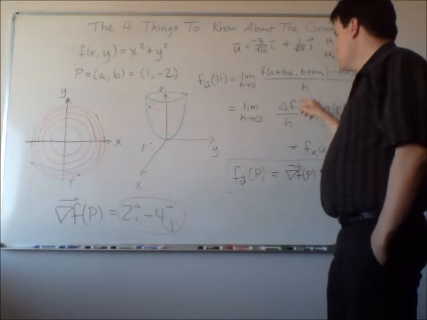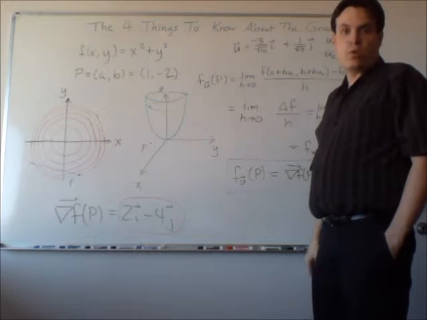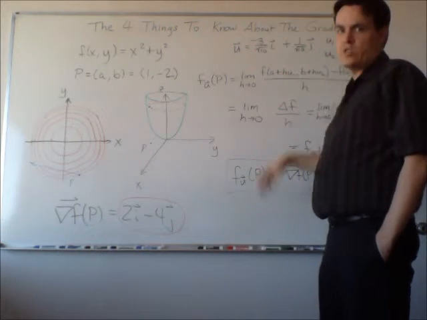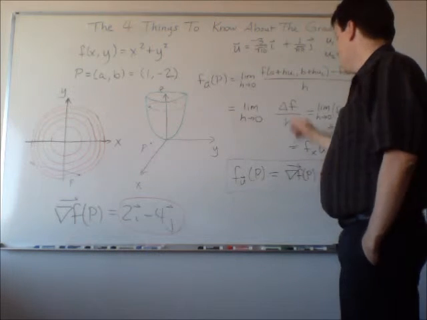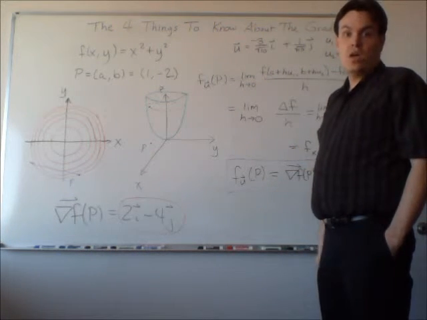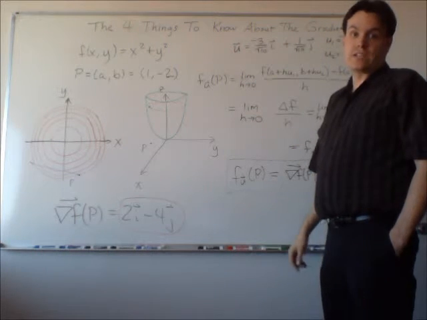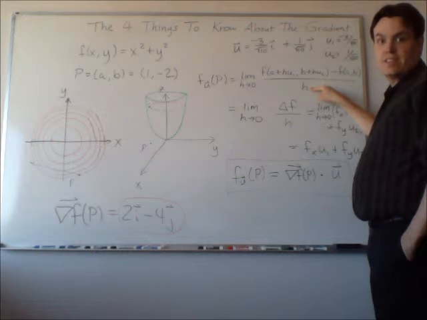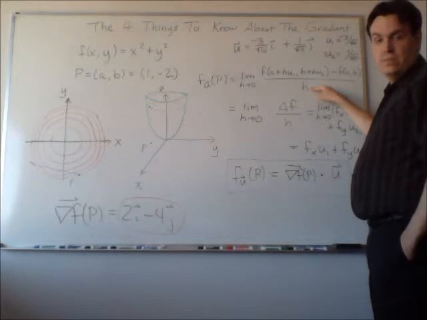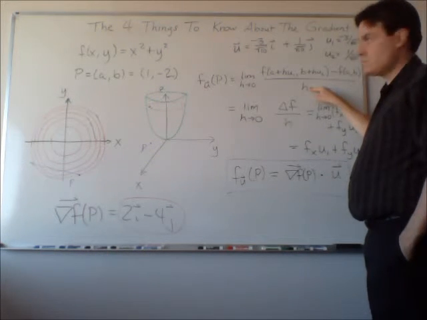And I want to say a little bit more about why in this calculation that was important. Because if the calculation works no matter whether the direction vector is a unit or not, then I shouldn't have to assume that. But there was a specific place in this calculation where I assumed that u is a unit vector. And that place was when I was talking about this denominator here. This denominator h is a measure of how far I went.